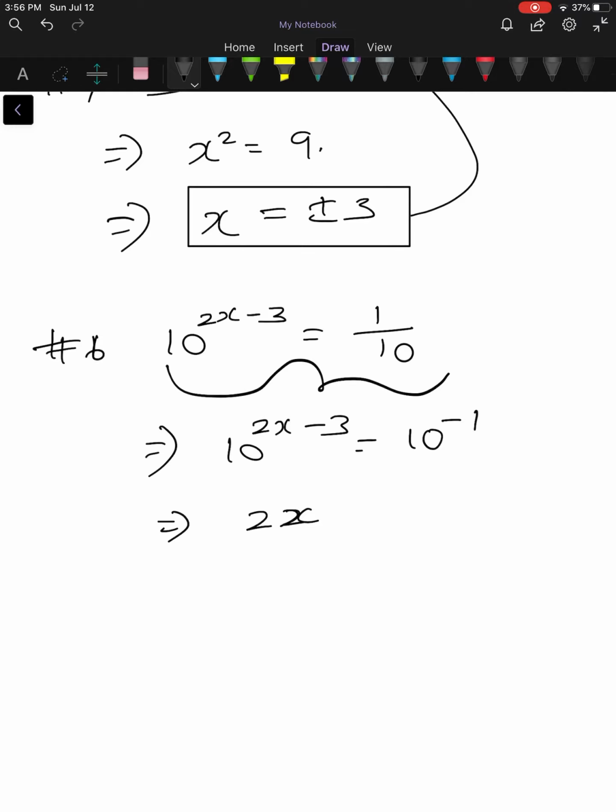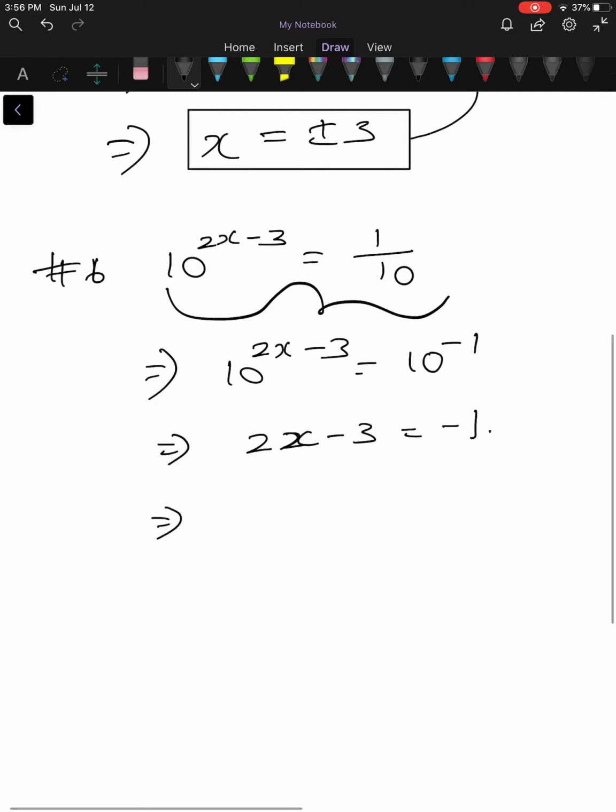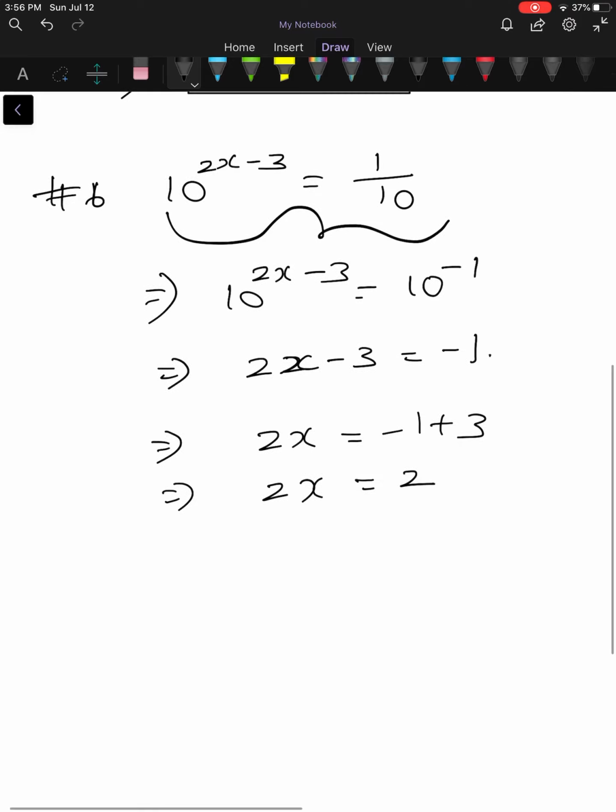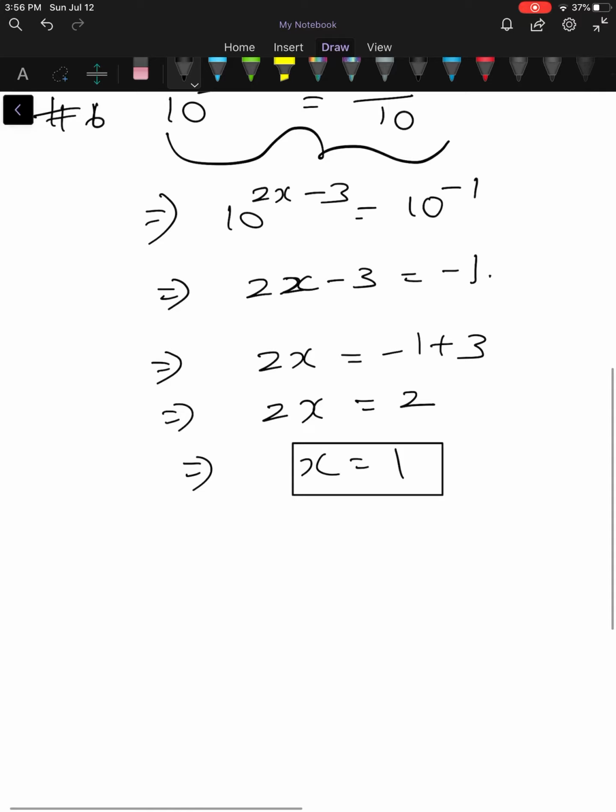Now you can see the bases are the same, so you can equate the powers. So 2x minus 3 is equal to negative 1. Solving this, we get 2x is equal to negative 1 plus 3, so 2x is equal to 2 and x is equal to 1. Okay, so this is the solution.